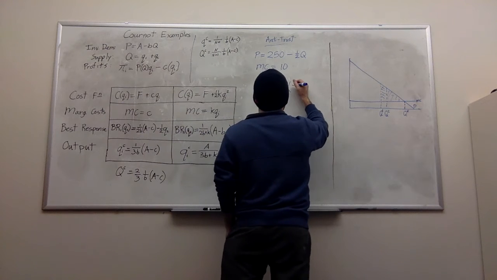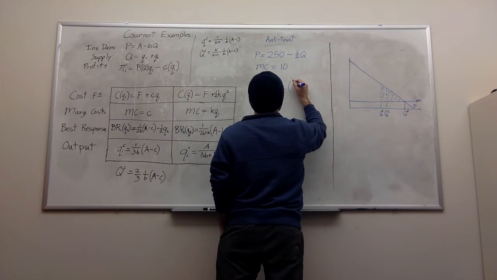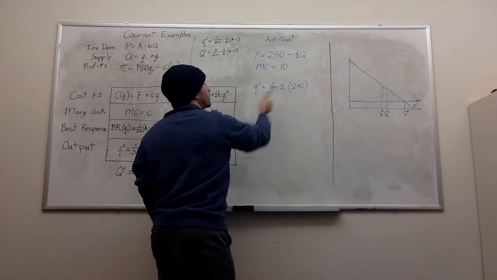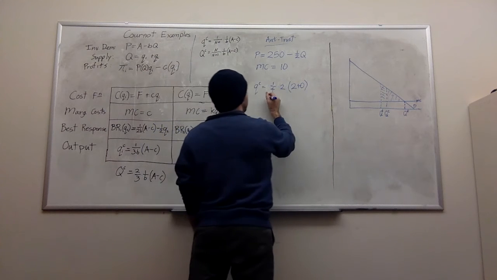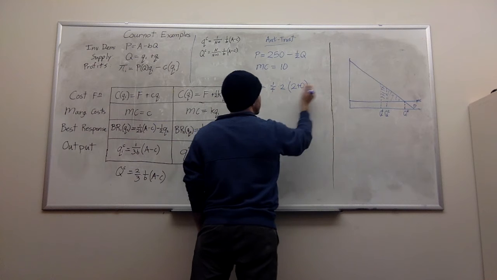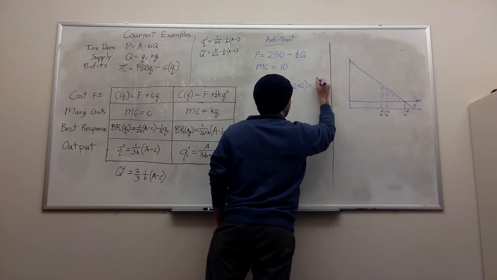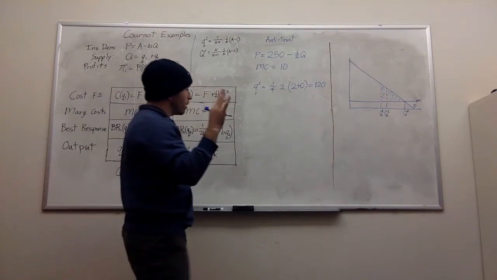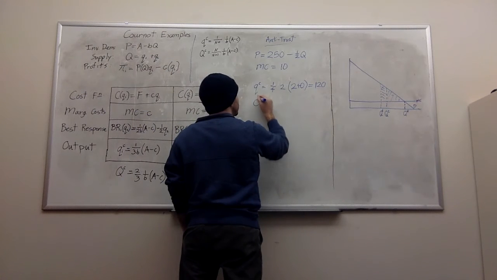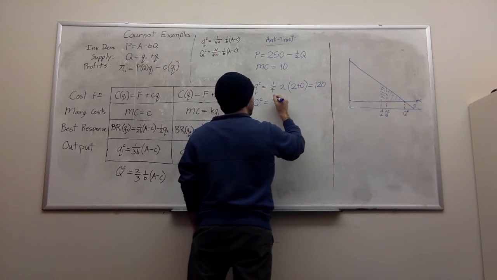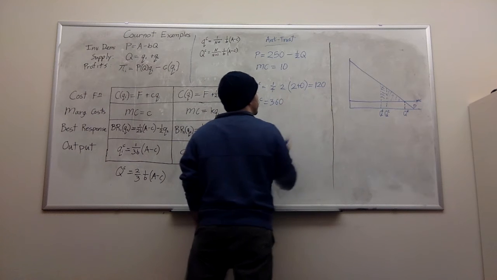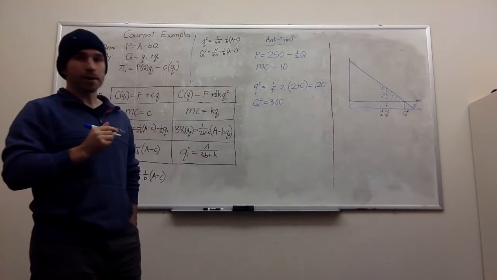Then a minus c is 250 minus 10, that's 240. 240 times 2 is 480, divided by 4 is equal to 120. So if we still have all 3 firms in the market, total output is going to be 360.